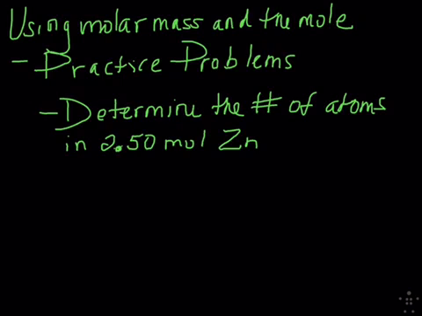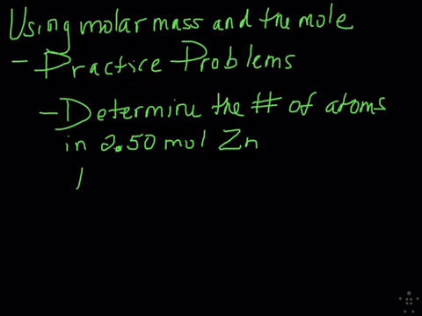So go ahead and try this on your own. And I'll take a couple minutes, then we'll go back through it together, and then I'll give you another one. As far as these go, there are 2 ways to think about them. I'll go through them both. Okay. The number of atoms in 2.50 moles of zinc.